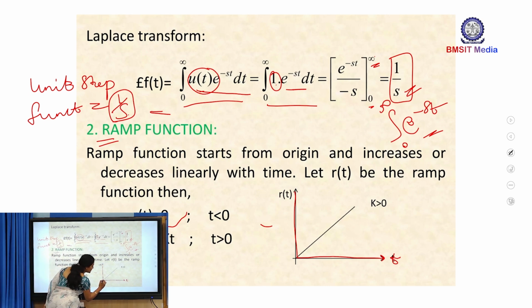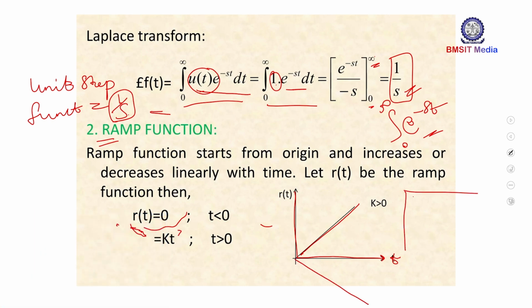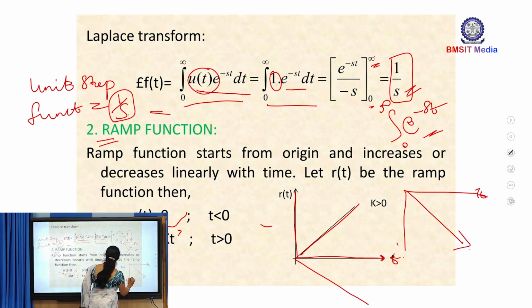That means this is nothing but my origin. It starts from the origin. It either goes up, it either increases, or it can decrease. If it decreases, then this is how I will be getting the waveform here, where this is t and this is my r of t function.